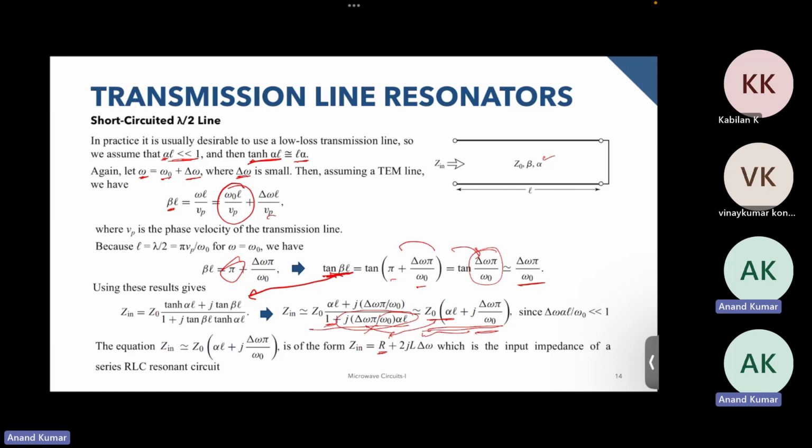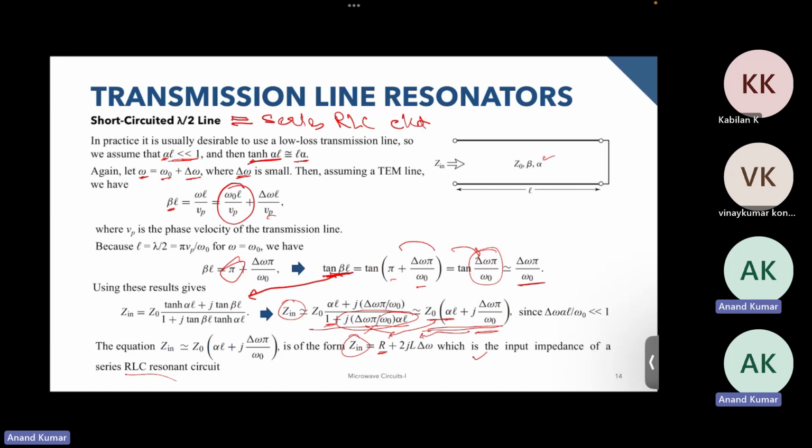So we see a similarity between this Z input expression and Z input for the series RLC resonant circuit. So the short circuited lambda by 2 line is similar to a series RLC circuit. We have derived the similarity over here.